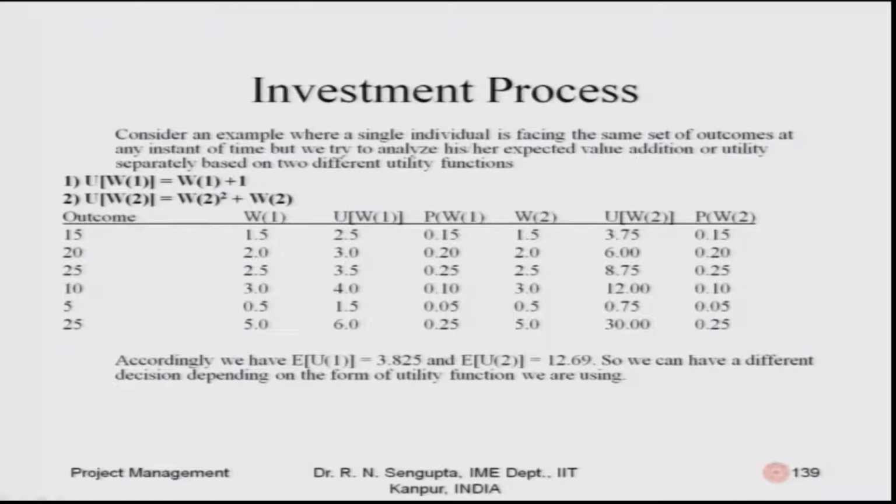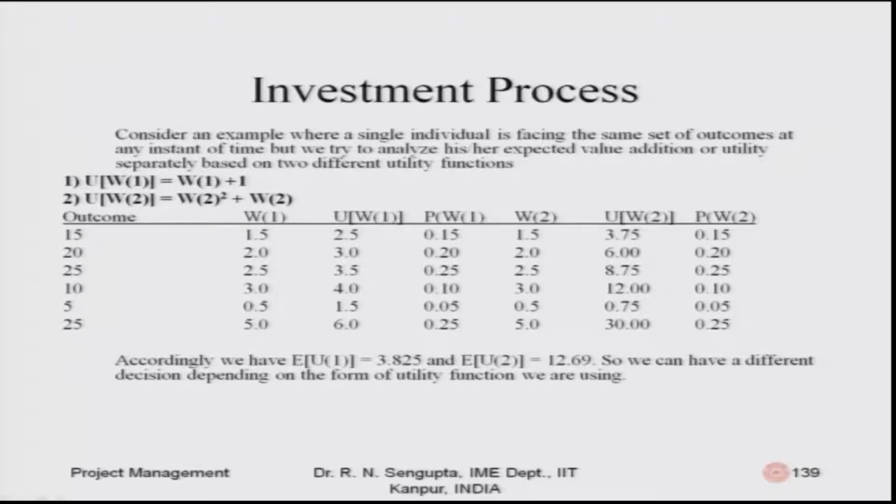In bullet point 1, the utility function is simply a linear equation, W plus 1, and the second bullet point is a quadratic one, that is W squared plus W. So, you have the outcomes again.